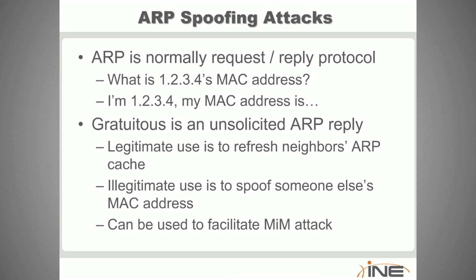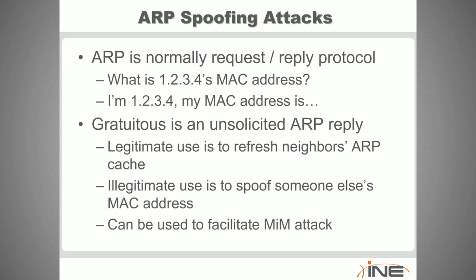Okay, the next variation of this type of man in the middle is to skip over DHCP completely and just try to convince the victim to use the wrong MAC address when they are sending an ARP request or an ARP reply across the network.